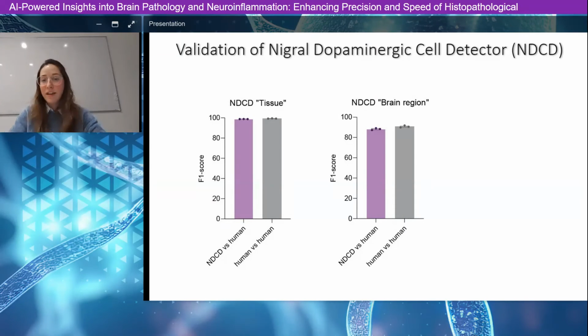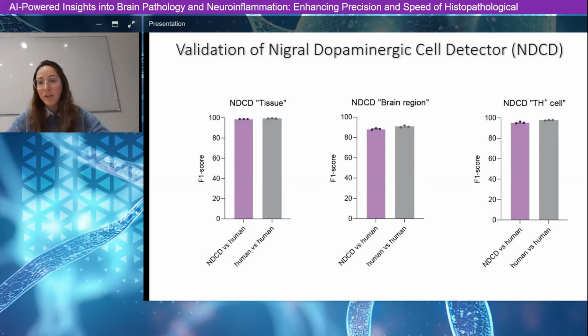That means that anyone would find this a bit more subjective, and there would be more discrepancy in identifying this layer. And the F1 score for the TH cell detector is, again, really over 95%, meaning that we can be quite confident that the model is performing quite well compared to a human.